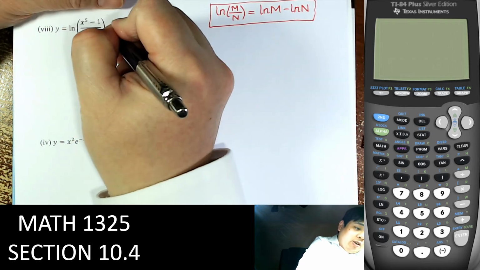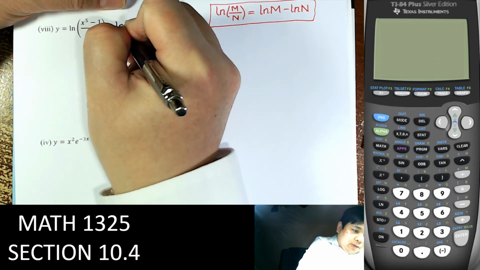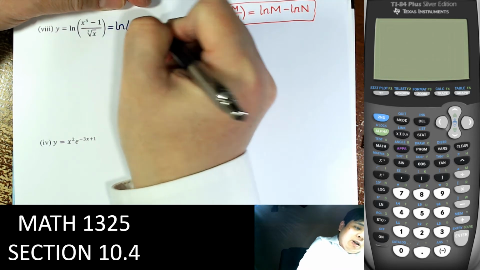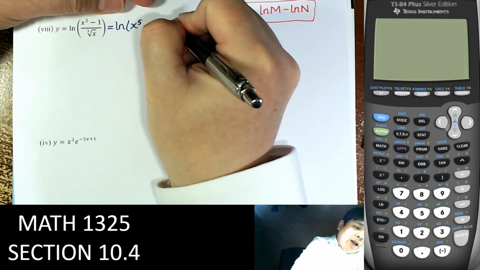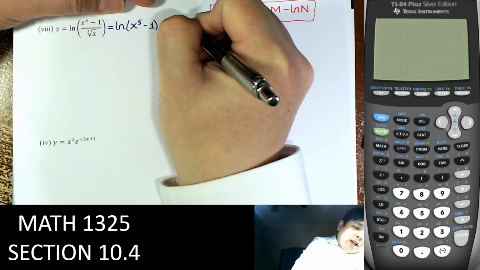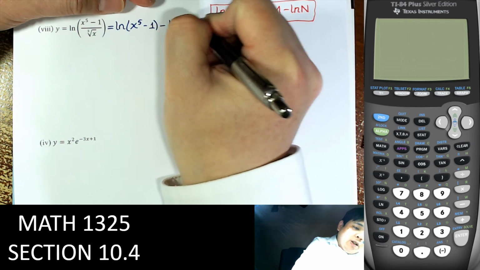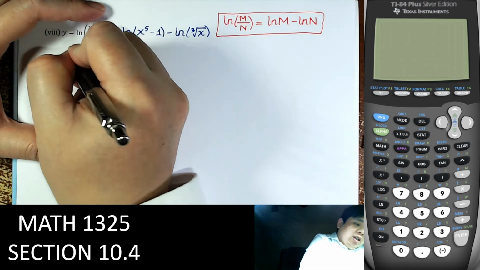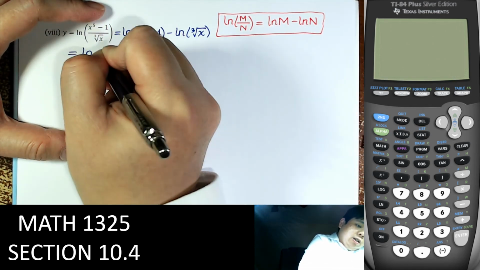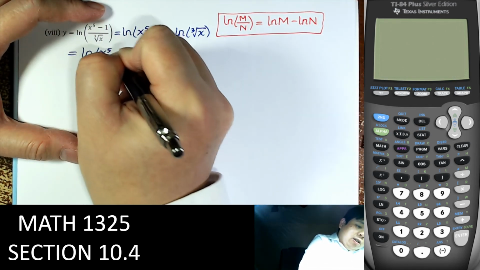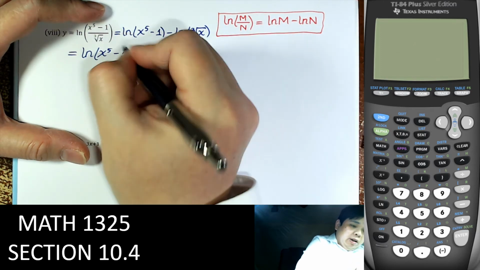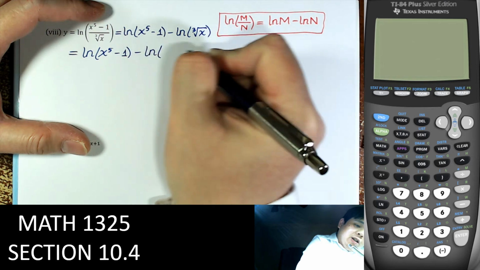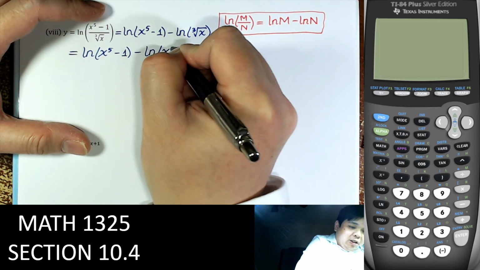Just rewrite the function: ln of x to the 5th minus 1, subtract ln of cube root of x. Now the cube root of x, if we rewrite that, is x to the 1/3.